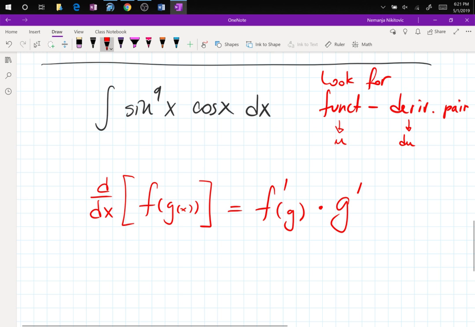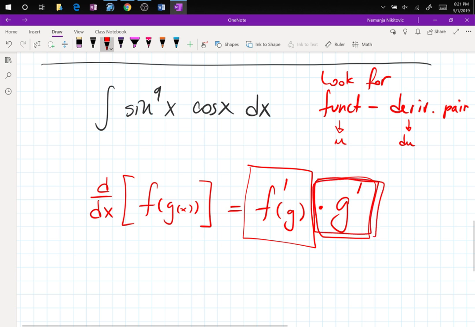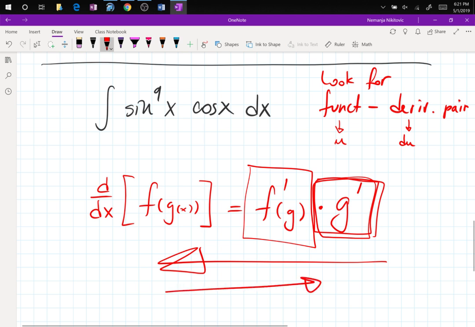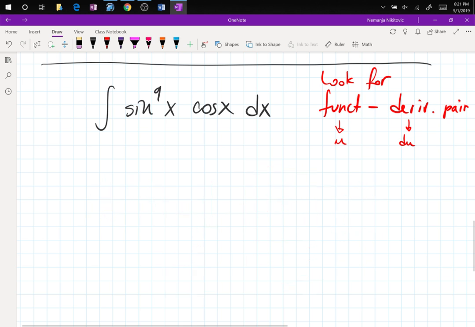We have some function and some derivative present in the problem because integration goes this way, derivative goes that way. So with this being said, if I decide over here what's function and what's its derivative, I am immediately able to put in u and then figure out du and be done.